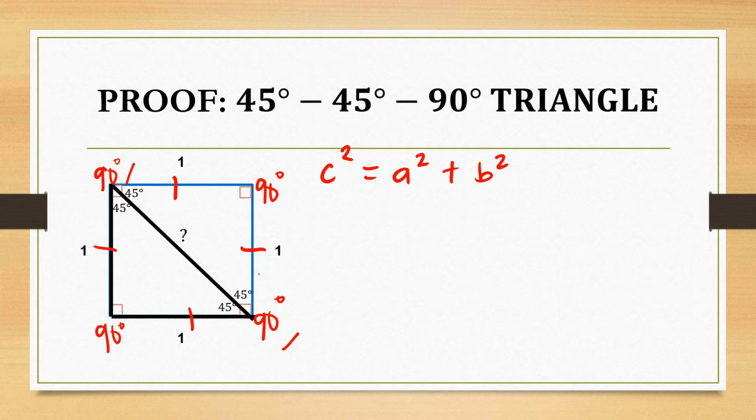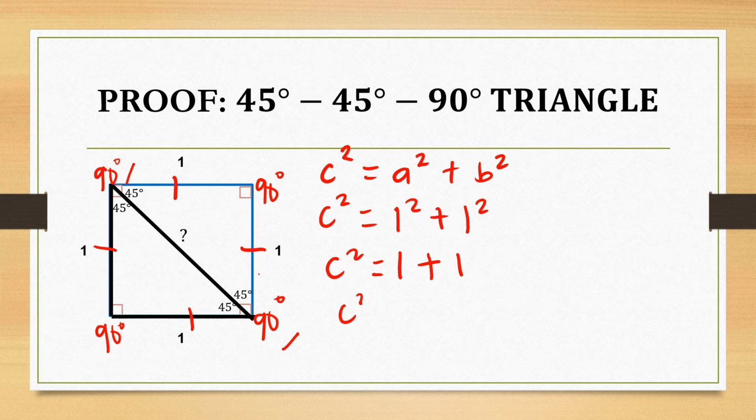Okay? Since na yung a at b ay legs ng right triangle, so parehas ang value nila na 1. So we have c squared is equal to 1 squared plus 1 squared. So c squared is equal to 1 squared, that is 1, plus 1 squared, that is also equal to 1.